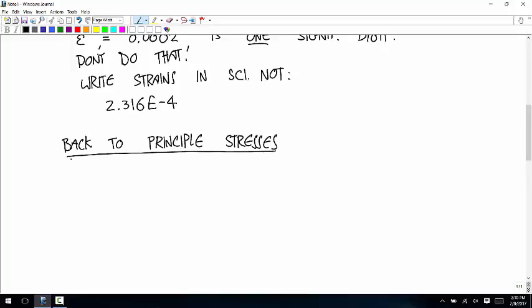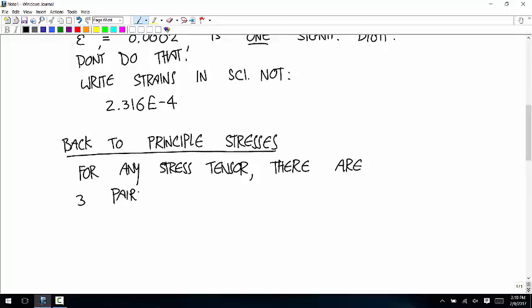So the bottom line is for any stress tensor, there are 3 pairs of eigenvalue and its corresponding eigenvector.